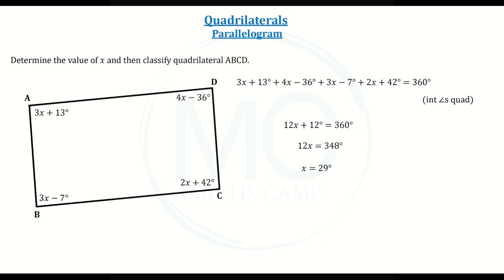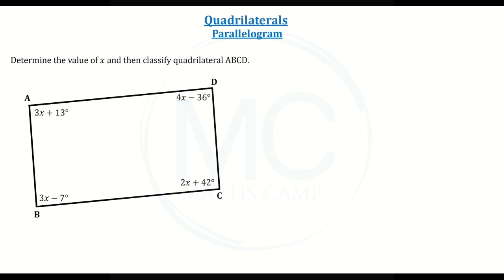Now we have the value of x, but we still need to classify the quadrilateral. This means we need to determine what type of quadrilateral this is. We don't know anything about the lengths of the sides, but now that we have a value for x, we can find the sizes of each interior angle. So let's make some space, and we can make a note that x is 29 degrees.